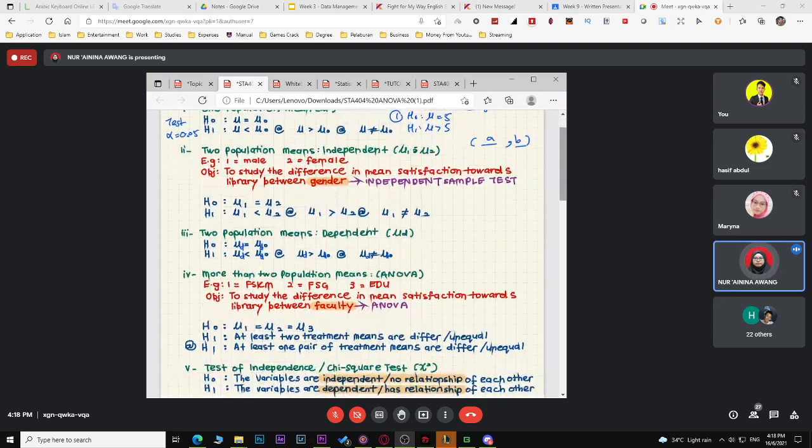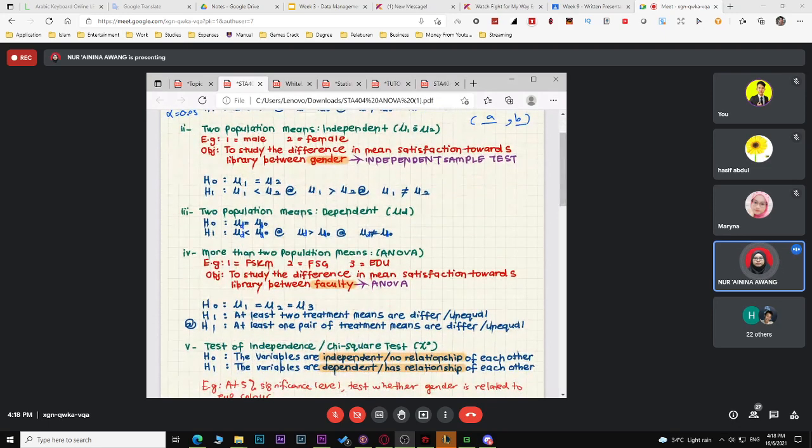And then for ANOVA, for example, the question asks you to test at 5% significant level whether there is a difference in mean satisfaction towards the library between faculties. For example, we have more than two population means: the first, second and third faculty.